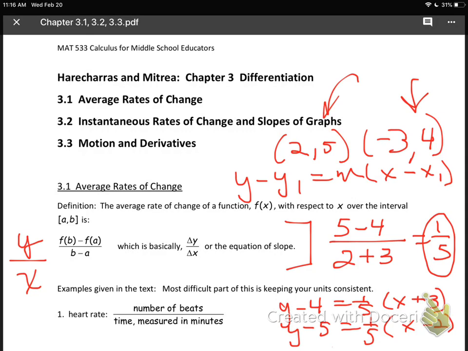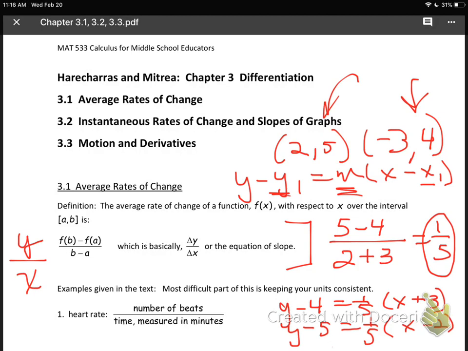But more importantly, this form of a line is what we're going to use throughout this course from this point forward, unless we're instructed to use a different form. This is the point slope form. Here are your points, here's your slope, and it is the easiest form of a line to get because you don't have to calculate the b. You just put in the point that you have and your slope, and you are done.